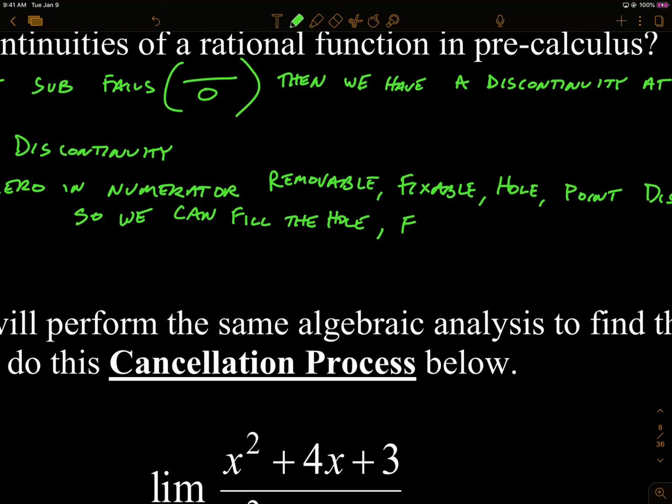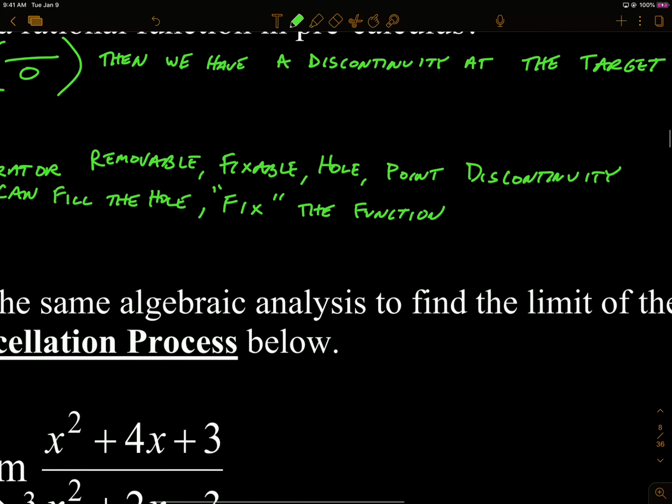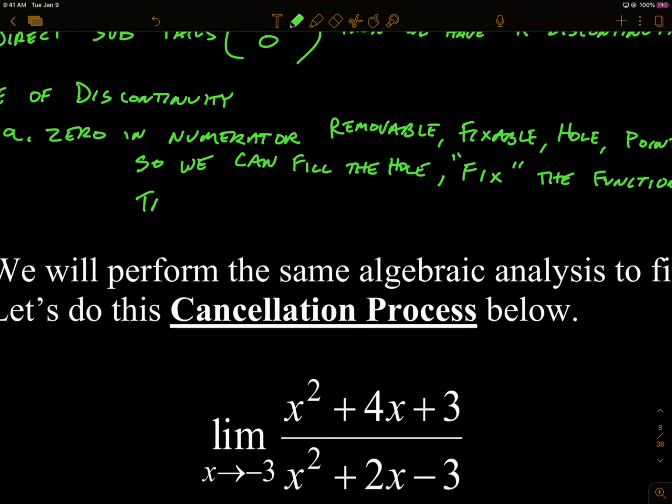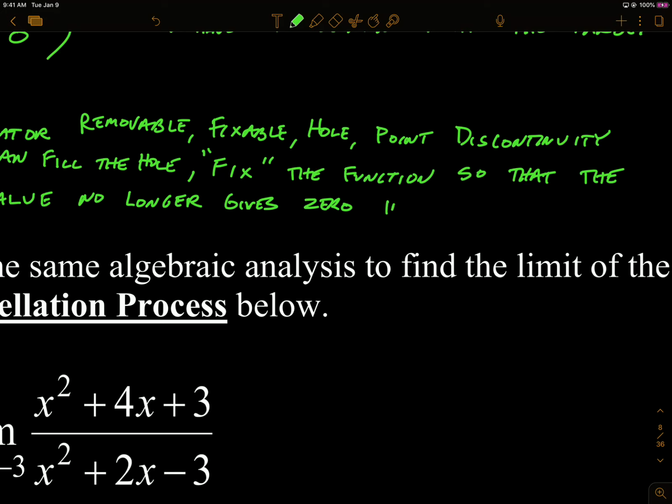So we can fix the function so that the target value no longer gives you 0 over 0.